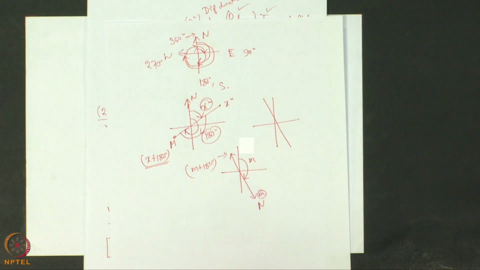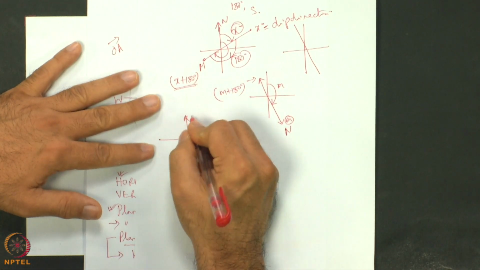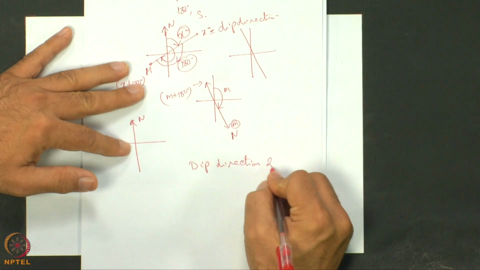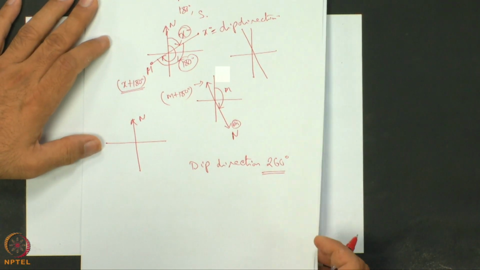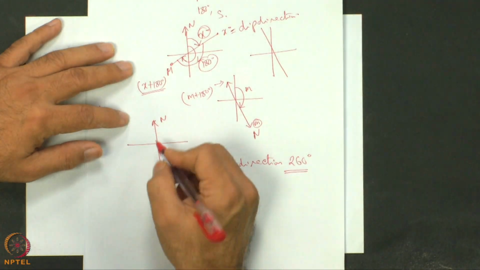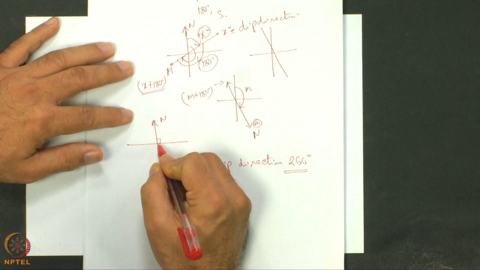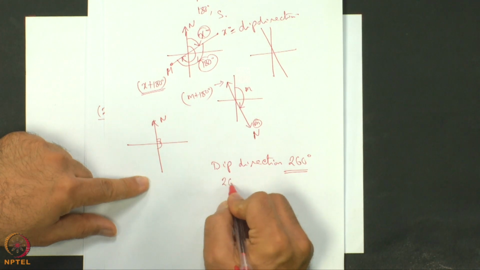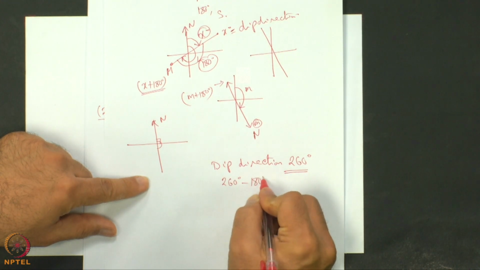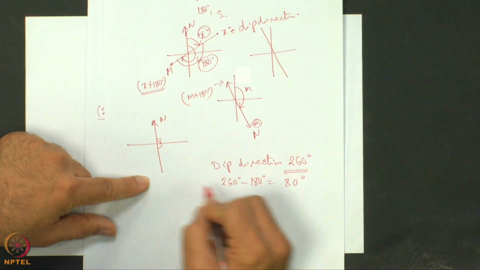So in this way, a dip direction of 260 degree, how to draw? Which means from north I have to draw clockwise 260 degree. This is already 90 degree, this is already 180 degree. So 260 degree minus 180 degree is equal to 80 degree.